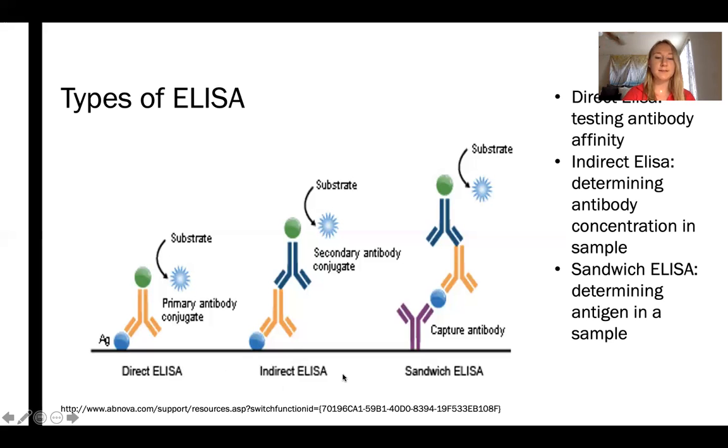And then the indirect ELISA, you're going to coat with an antigen just like direct, but instead of only having a primary, you're also going to have a secondary antibody conjugate that binds to the primary, and will also produce a color change when you add the substrate. And indirect ELISAs can determine the antibody concentration in a sample. And so that's pretty much what we're doing with the immune complex degradation assay, because we're looking at how much immune complex there is, and that relates to how much antibody there is.